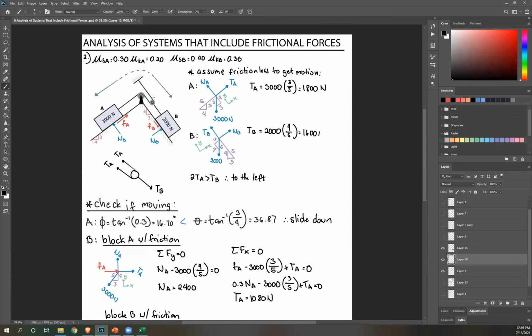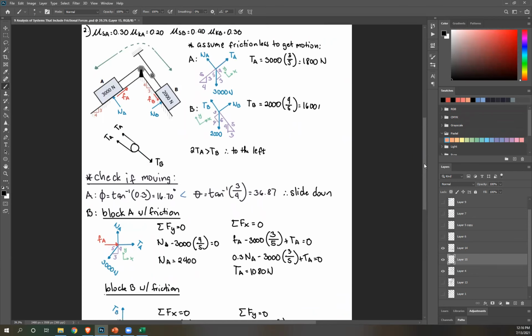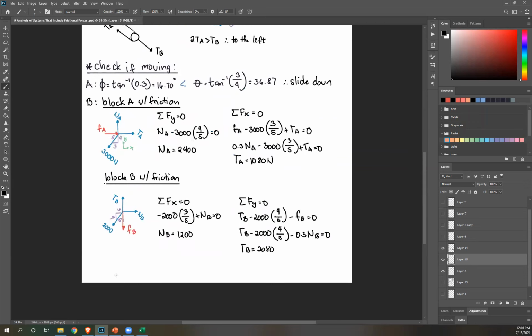Then again, you're going to use this pulley to compare tension at A and tension at B. Like what we did here, we're comparing twice TA. Twice TA is 2,000 plus, and that's obviously greater than TB. Twice TA greater than TB, therefore moving.